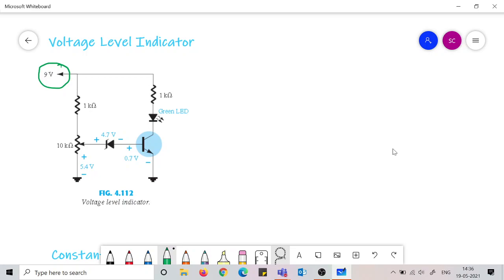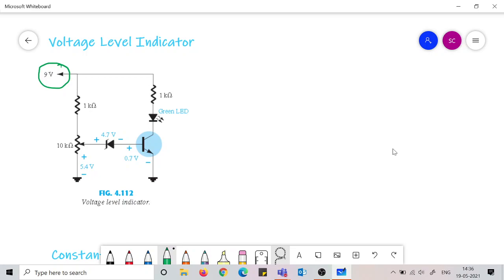This is important to understand. Whatever point you wish to check the voltage, you just construct a circuit like this starting from that point and connect it to that point.